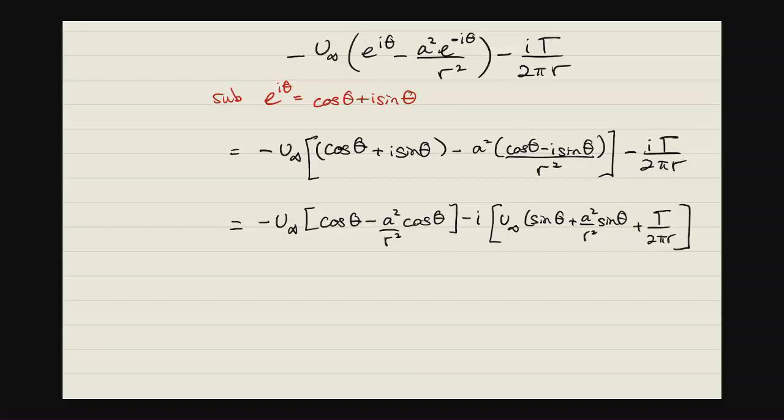Okay, so these terms are all real, which means it's just equal to UR, my radial velocity.